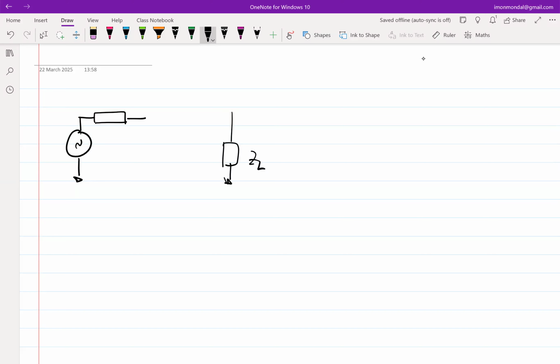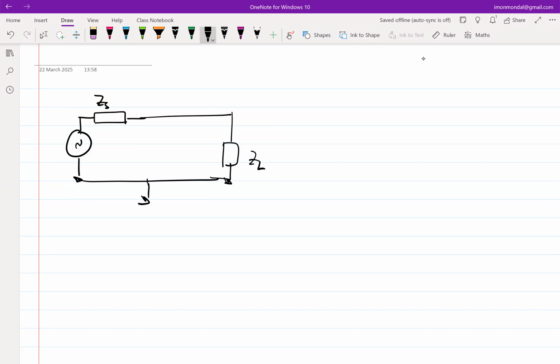Then only is this complex conjugate matching different from reflection matching, right? Maybe you have a transmission line and you are connecting these two, and then you do your calculations, right?